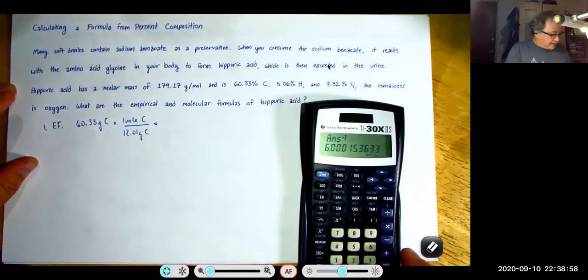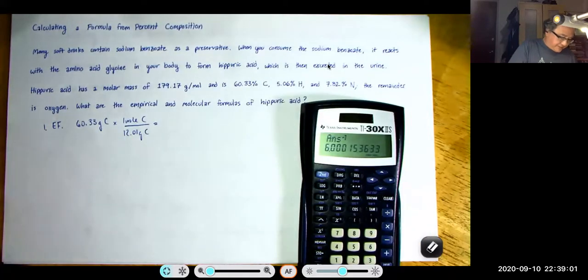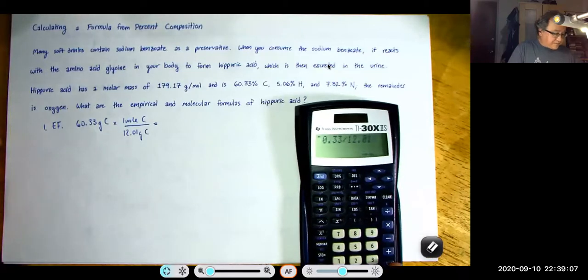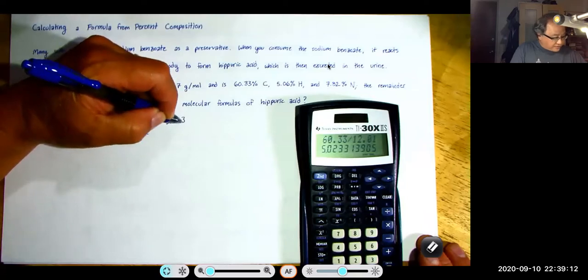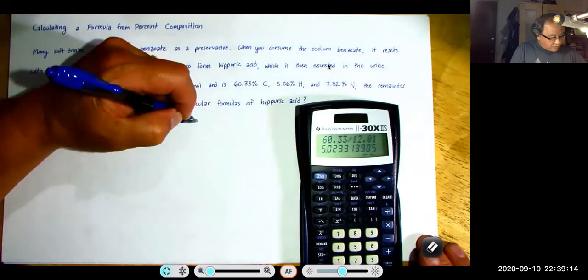And we're going to get roughly 5, right? 60.33 divided by 12.01. And we get 5.0233 mole of carbon.